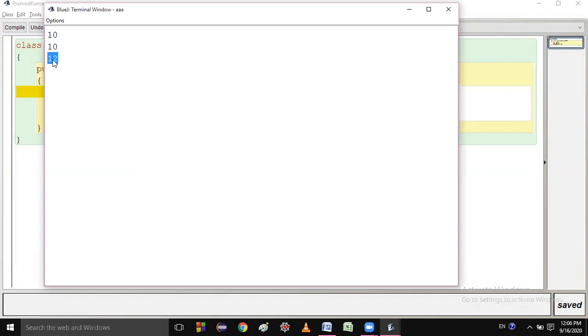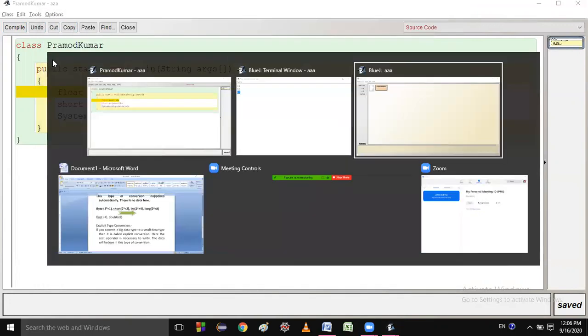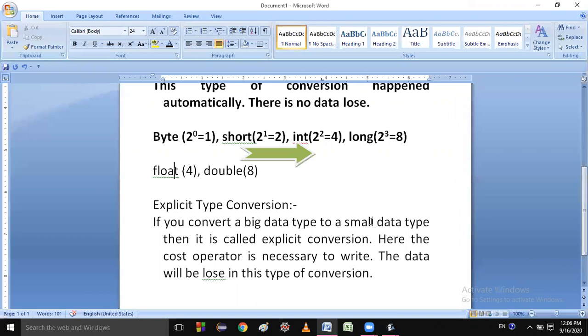Is there any data loss or not? Yes, there is a data loss because we are losing 0.3. So we can say that in explicit conversion, there is a data loss.